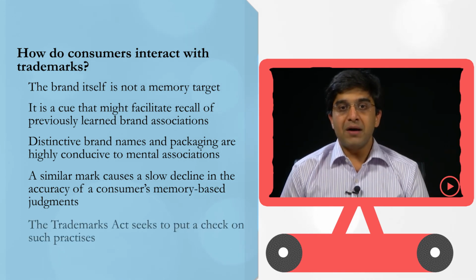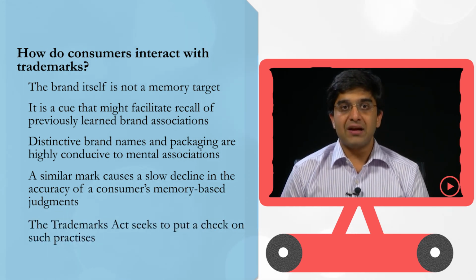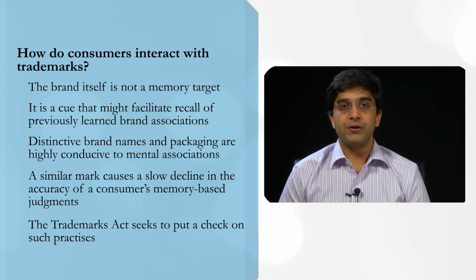Therefore, the Trademarks Act seeks to put a check on such practices to ensure that there is no decline in the accuracy of consumer-based memory judgment. This means that there should be no consumer confusion.